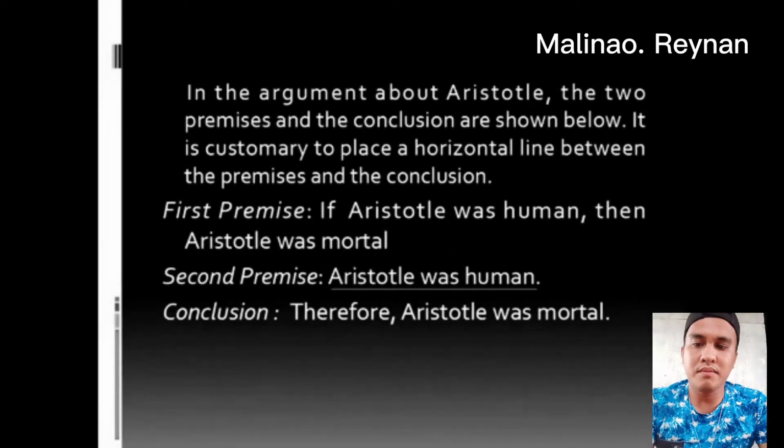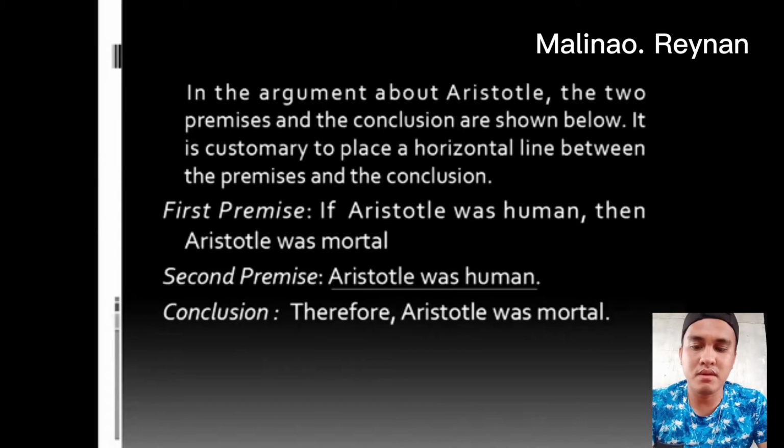In the argument about Aristotle, the two premises and the conclusion are shown below. It is customary to place a horizontal line between the premises and the conclusion. The first premise: if Aristotle was human, then Aristotle was mortal.